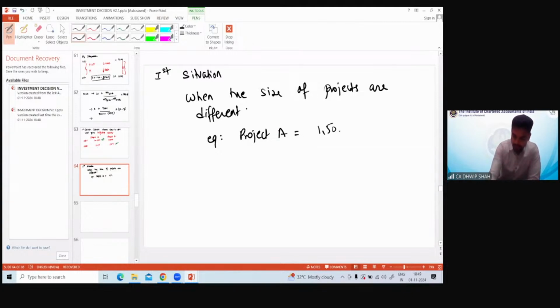Project A's initial investment is 150. The investment required, on the contrary, in Project B is 6 lakh.